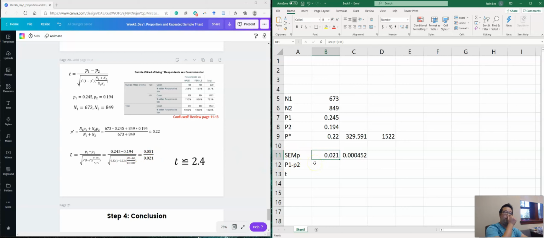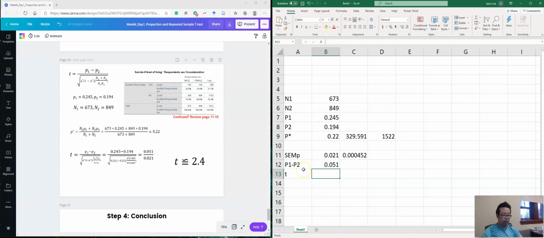So we calculate the standard error or sampling error of these proportion differences, and P1 minus P2 is very simple, because that is P1 minus P2 here.